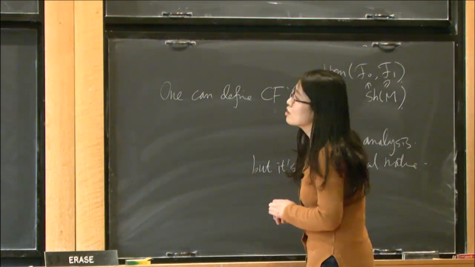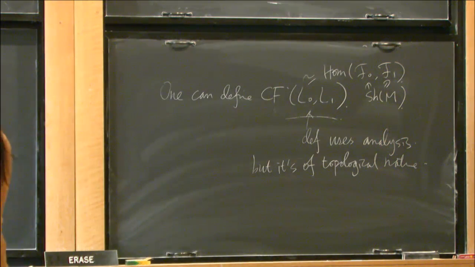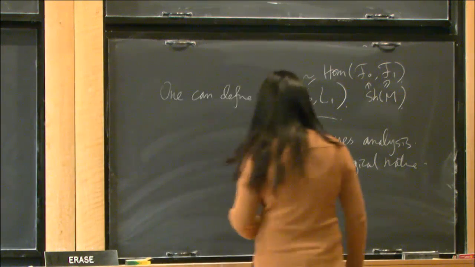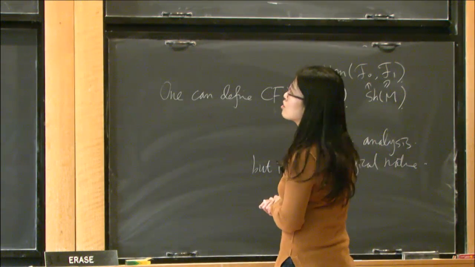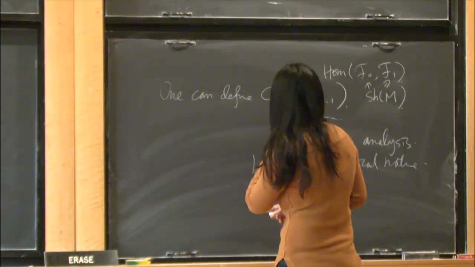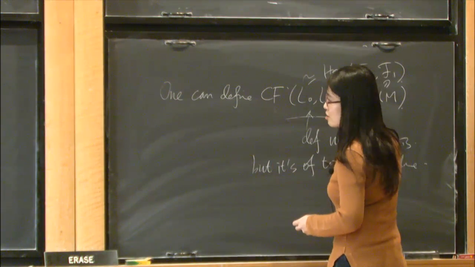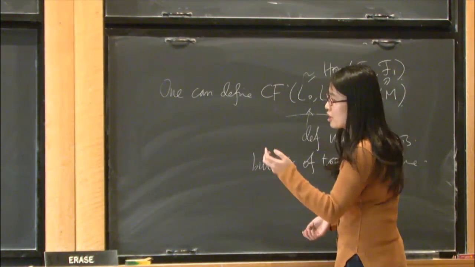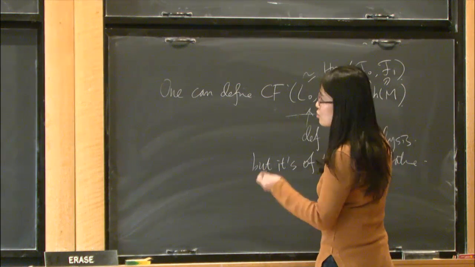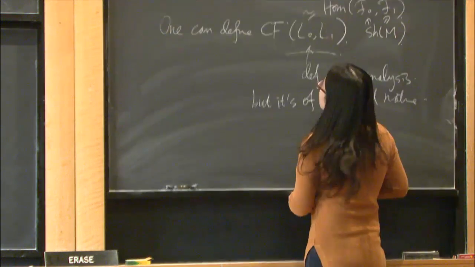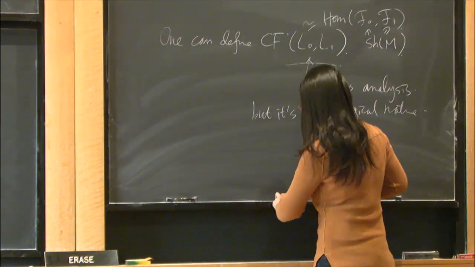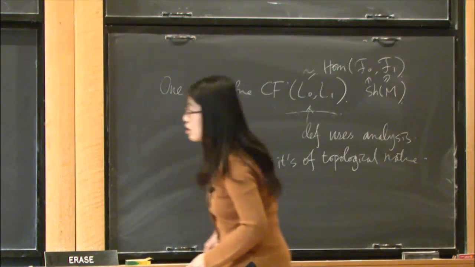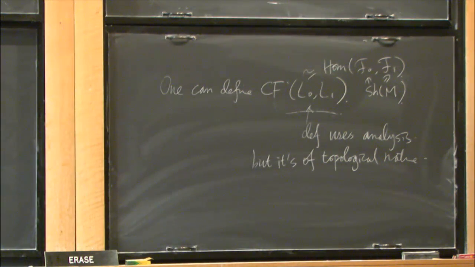Okay. Then the motivation for our work is to find a topological understanding of this Floer cochain complex. I mean, another way of realizing Nadler-Zaslow without using Floer theory. Okay. So now let's talk about sheaf theory.